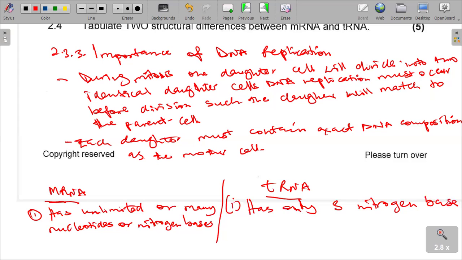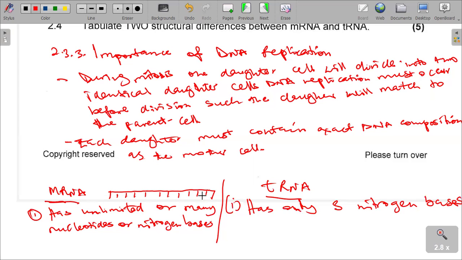I'm sure that we can agree. For example, mRNA is a single strand which has many nitrogen bases that are going to be read.